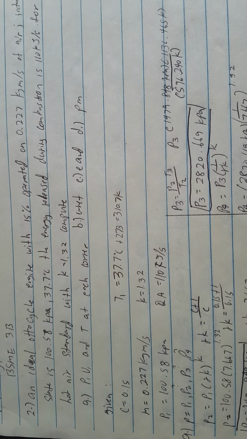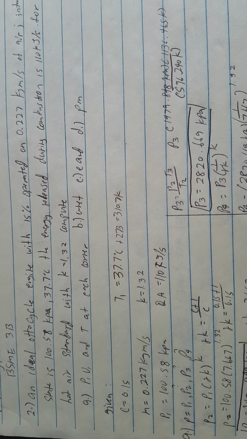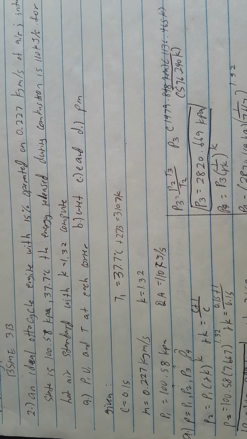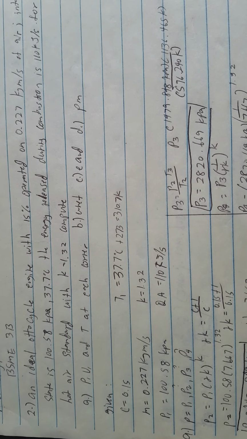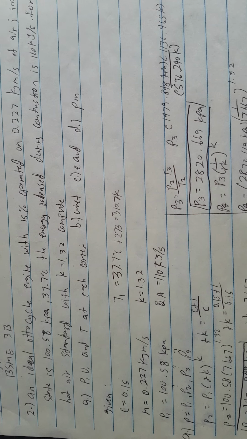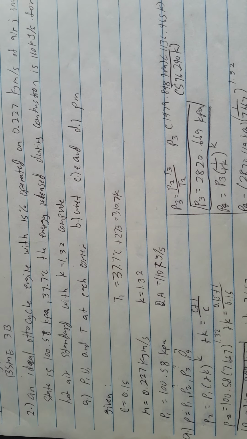The energy released during combustion is 110 kJ per second for hot air standard with k equals 1.32. Compute A, P1, V1, and T at each corner. B, W net. C, e, and D, PM.